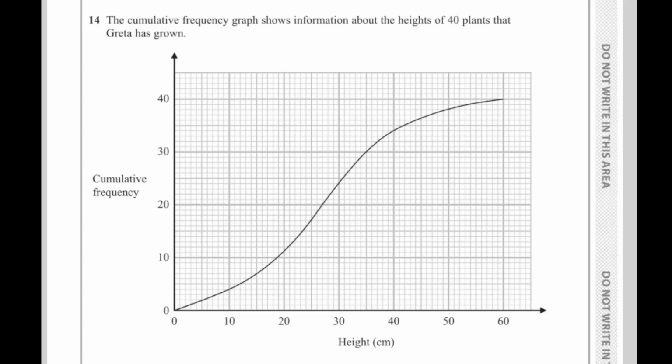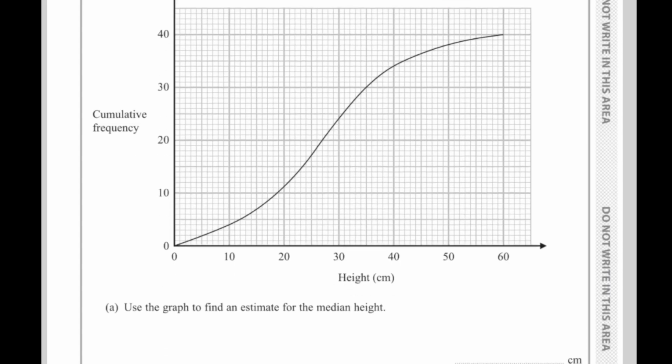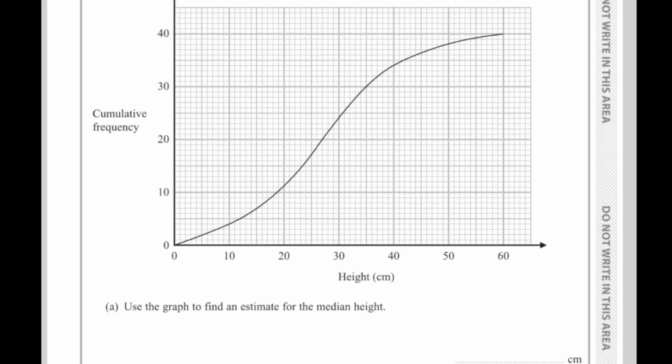Question 14. The cumulative frequency graph shows information about the heights of 40 plants that Greta has grown. So we need to use the graph to find an estimate for the median height. How do I get the median height? Median height means Q2.